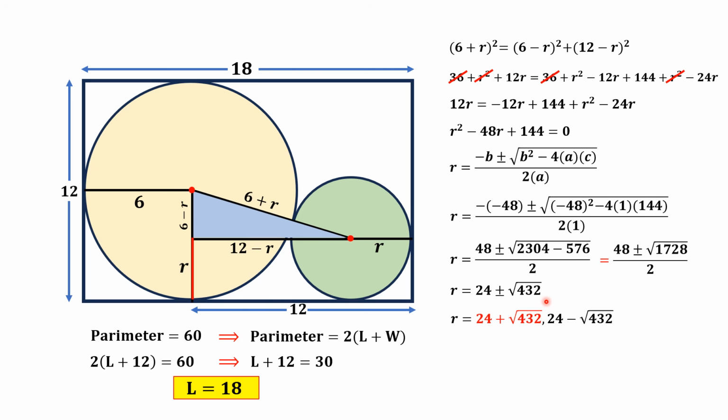There are two roots. One is 24 plus the square root of 432 and the other is 24 minus the square root of 432.